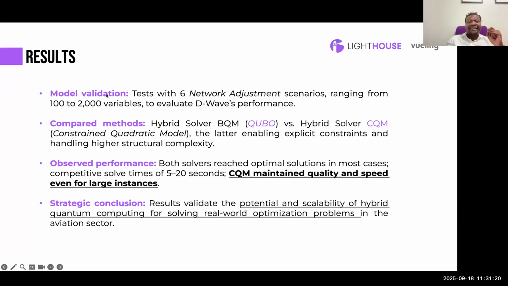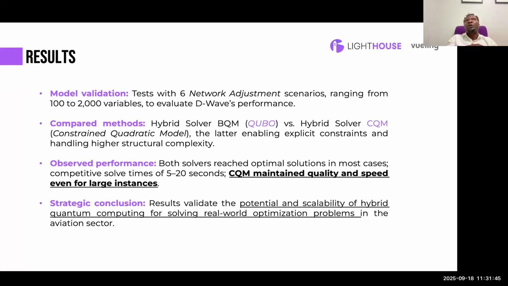Technically, we can say that the model validation has been done, that we validate with 6 network adjustment scenarios, ranging from 100 to 2K variables, performed in DWave systems, with the Kubo solver and also the CQM solver.